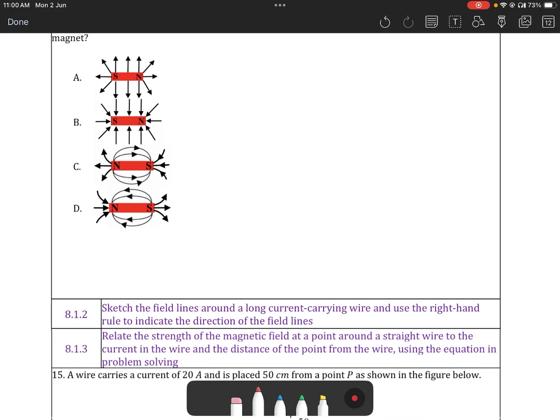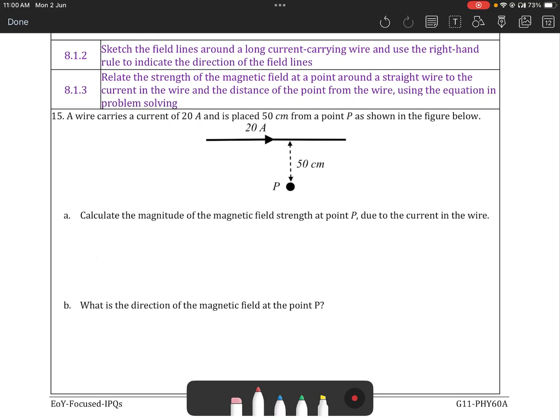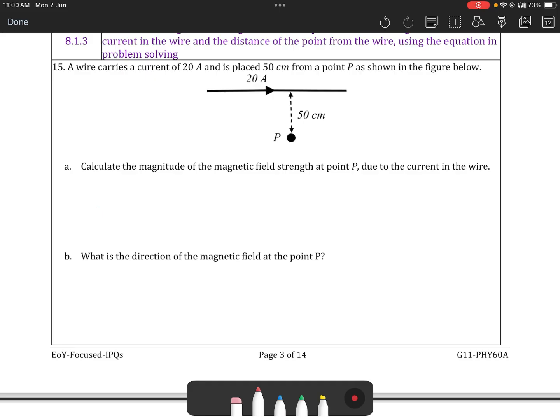Again, please stop the video to read the question, okay? Now for this question, we have a current in a wire and we need to find the magnetic field at point B, which is 50 centimeters away from the wire.